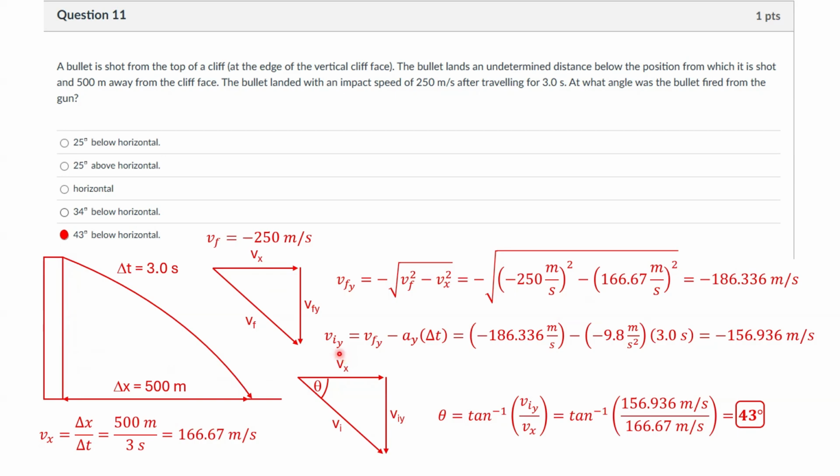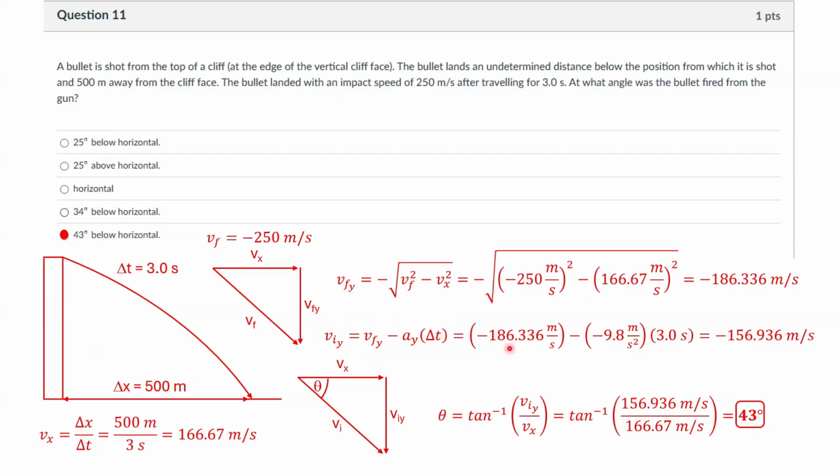And from that, I can say that the initial vertical component of velocity relative to that time period will be equal to the final vertical component of velocity during that time period minus the constant acceleration during the time period multiplied by change in time. That's just a rearrangement of one of the equations underneath the condition of constant acceleration at the top of your exam.